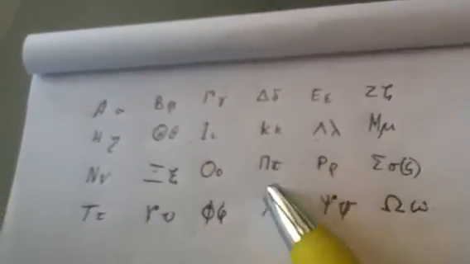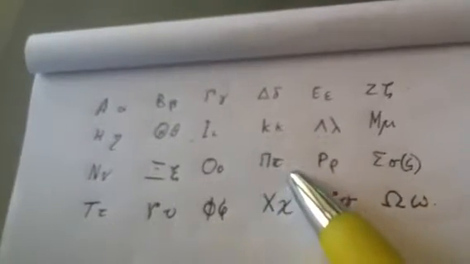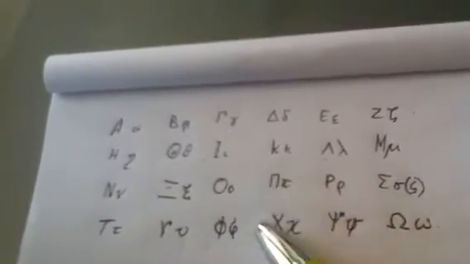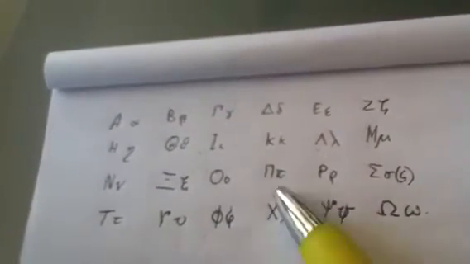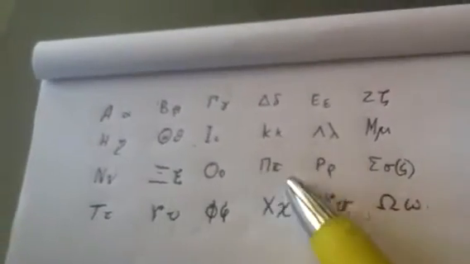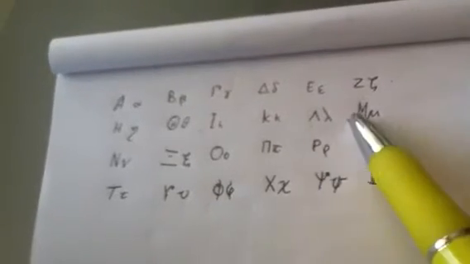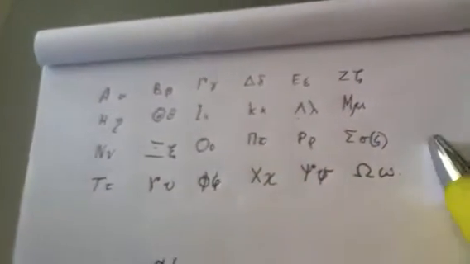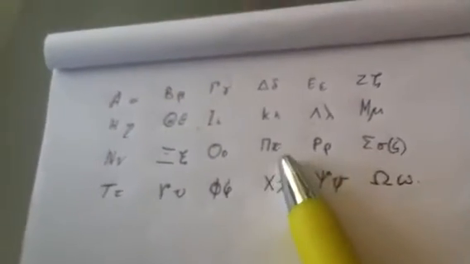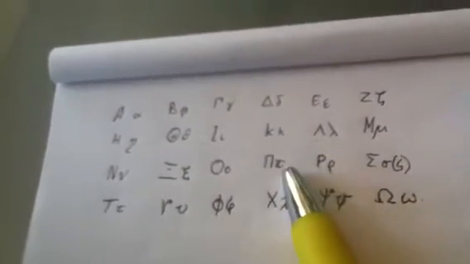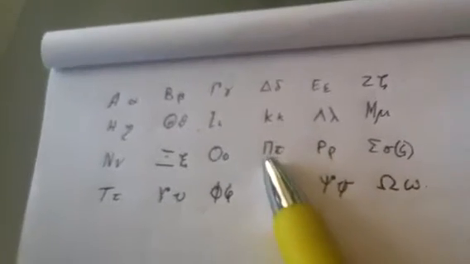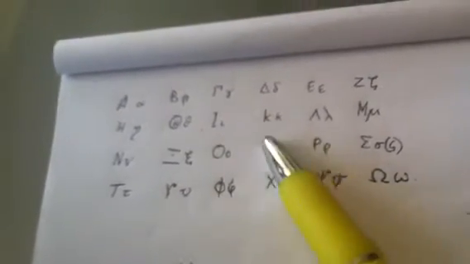The next letter along, you would know it as pi. Pi equals 3.14159, and so on. But it is actually pronounced P in both ancient Greek right through to Koine Greek, and even right through to modern Greek. It is pronounced P, not pi. Pi is an English slang sort of pronunciation for the letter.